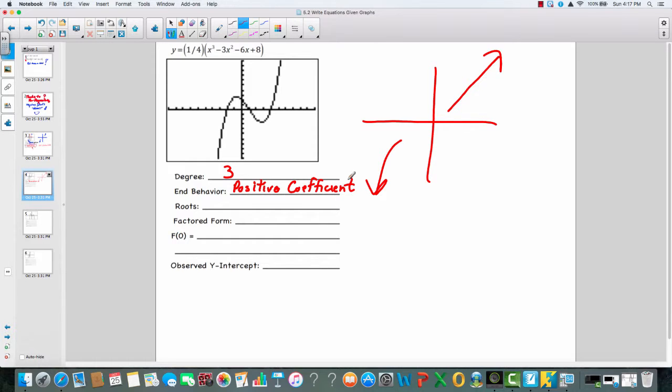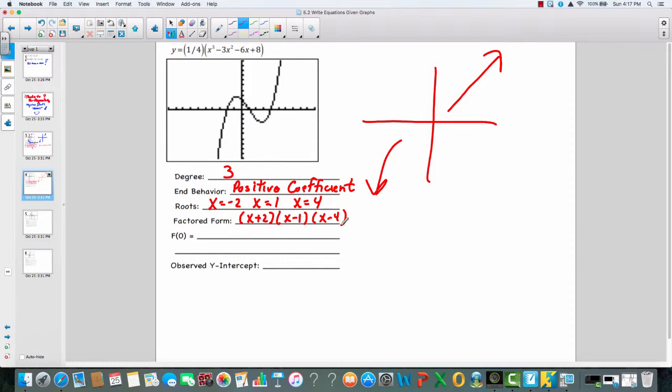Roots are the same: x equals -2, x equals 1, and x equals 4. So the factored form, nothing's going to change there. x plus 2, x minus 1, x minus 4.